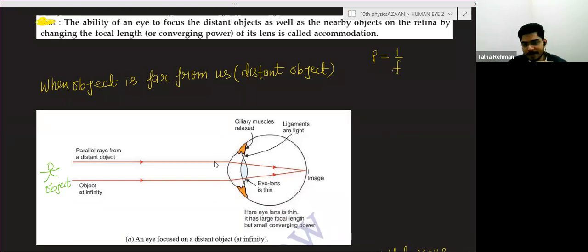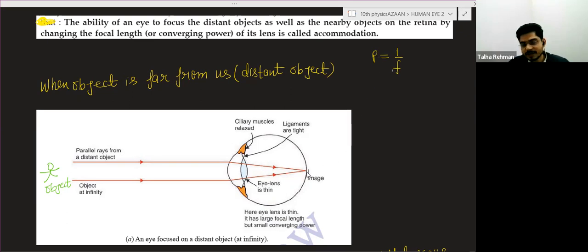I have told you that when light rays are parallel, to converge these light rays, meaning to form the image of these light rays on the retina, less power of the eye lens is required. For that, due to the action of the ciliary muscle, the lens becomes thin, so the focal length will increase, and if the focal length increases, then the power will decrease.